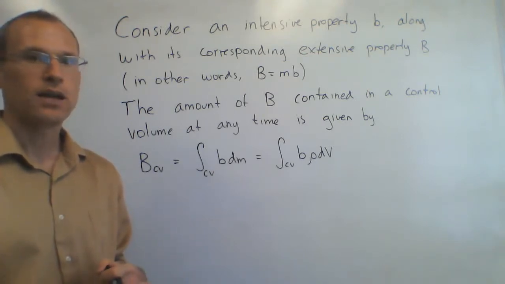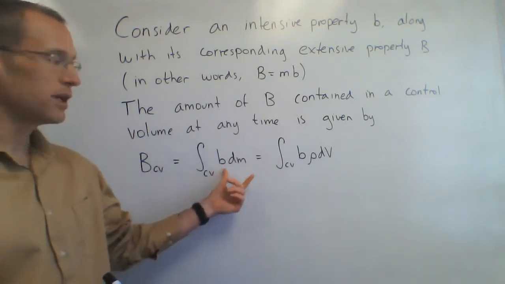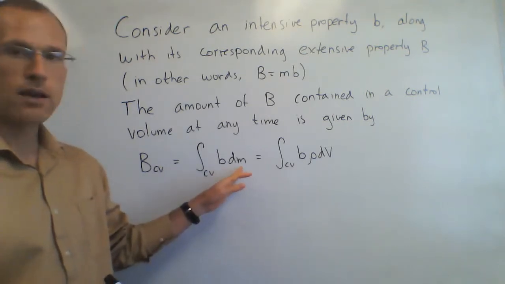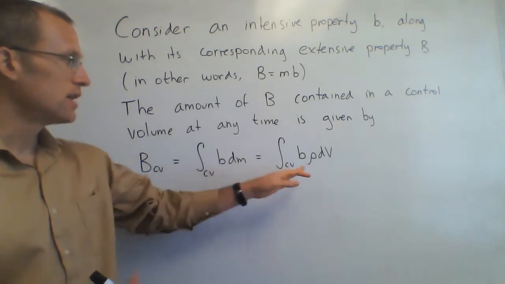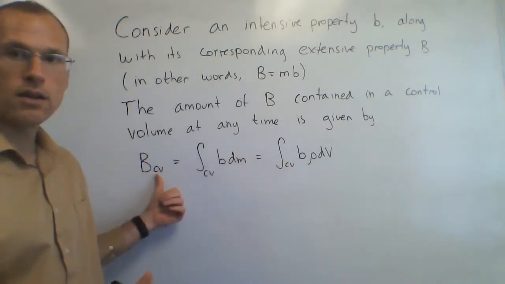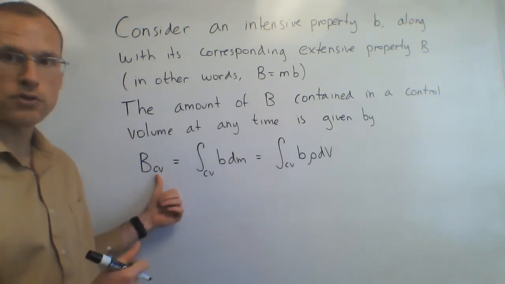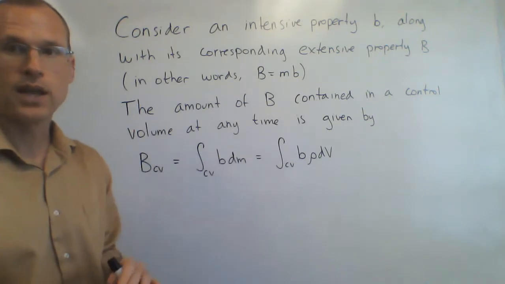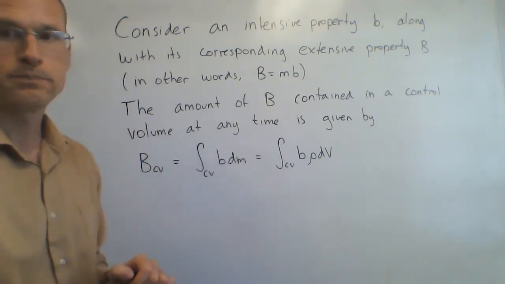The way I can do that is take little b times dm, integrate over the control volume. dm, d mass, is density times dV for my control volume. So to get the amount of B I have, big B, in my control volume, integrate my little b times density over that control volume, and that gives me the answer.